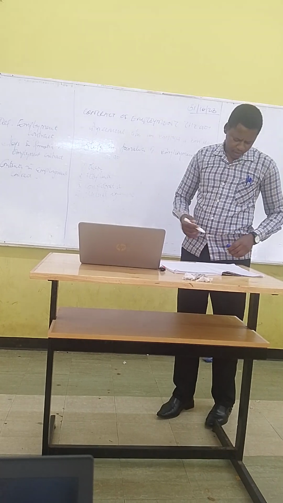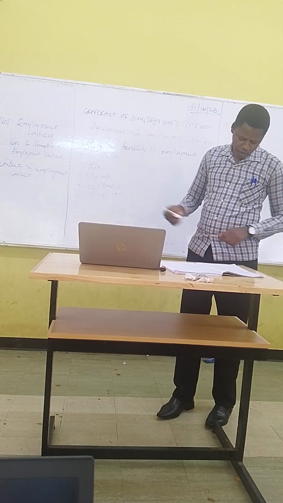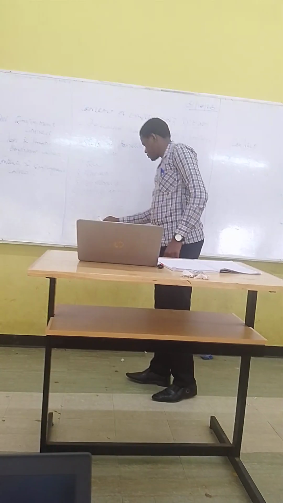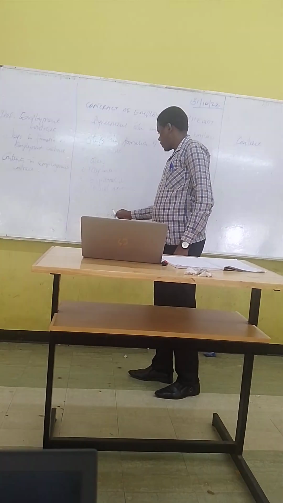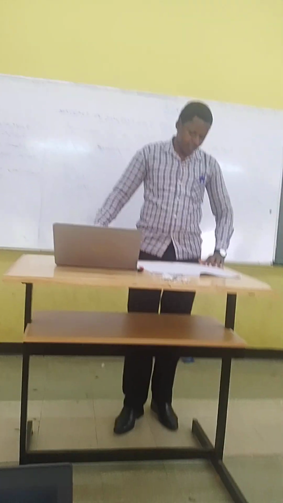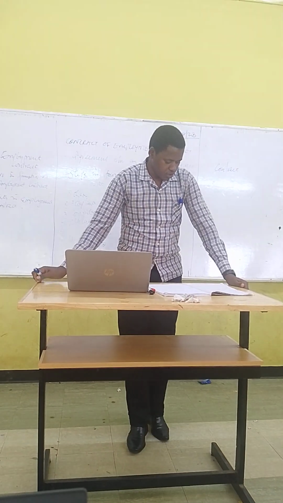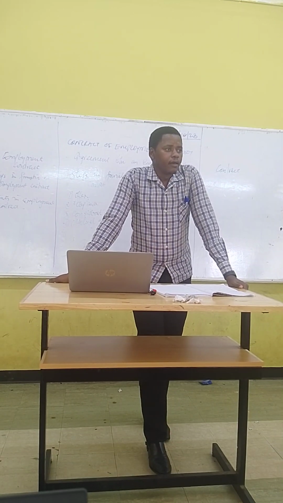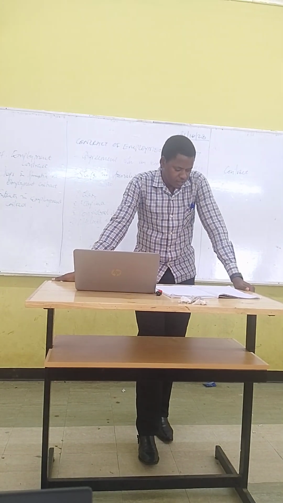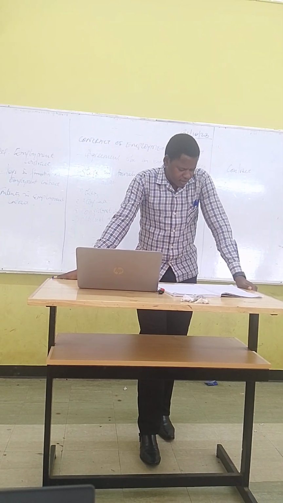Now the last one is on contents of employment contracts. Contents. What is entailed in that contract? Number 1 is the job title, and where we have the job title, we will have the job description as well.